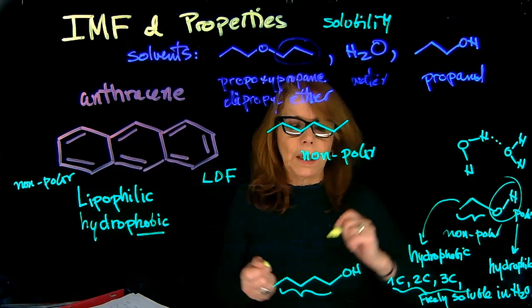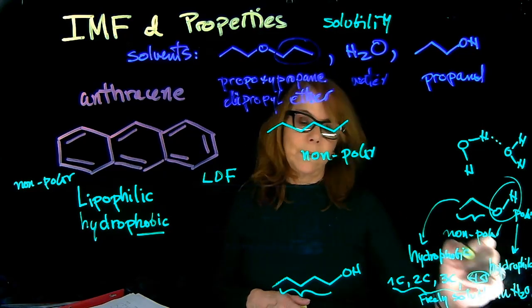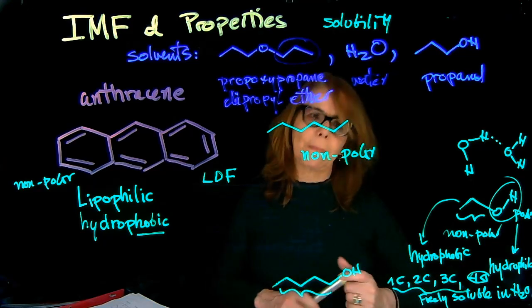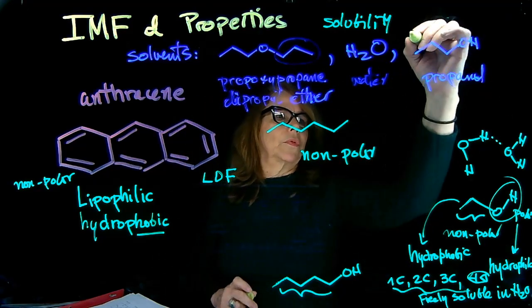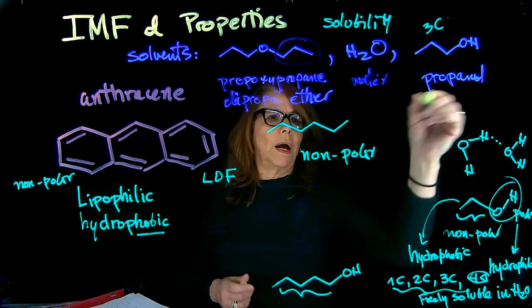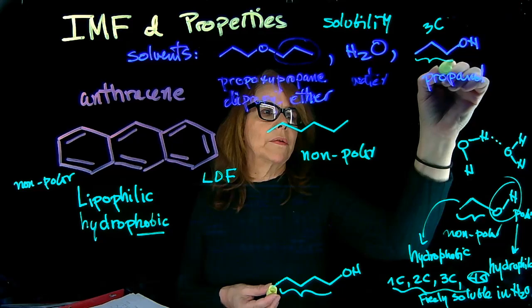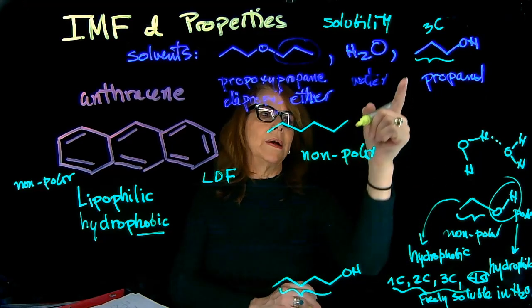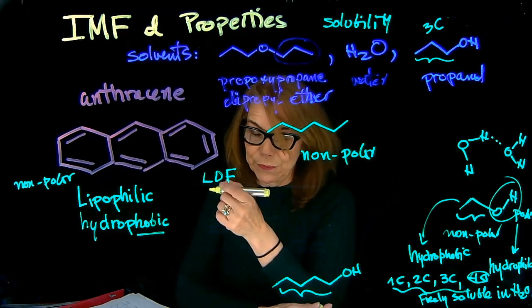And typically, this is borderline with 4 carbons. Now, propanol is still 3 carbons, so it should in a way be similar to water, but you have this hydrophobic portion. So we can have some affinity with hydrophobic molecules.